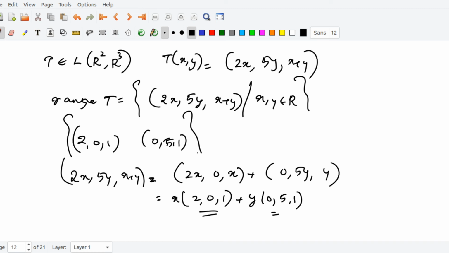Okay. Next, consider the example of the differentiation map, from P(R) to P(R). P(R) means the set of all polynomials over R. The map is defined by D of p equal to p dash.